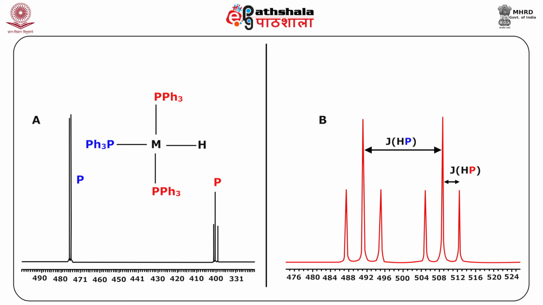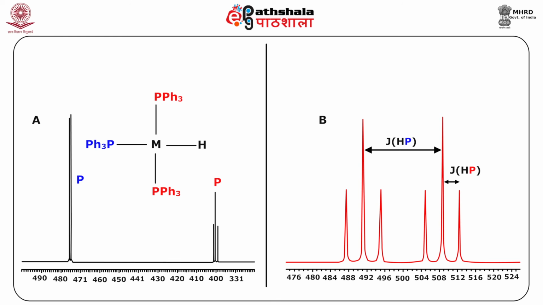Part A of the figure shows you the 31 phosphorus NMR, whereas part B shows you the proton NMR spectrum of the square planar complex. Signals due to aromatic protons have been removed in the proton spectrum, so you can only see the hydride signal of the square planar complex. Now, consider the proton NMR spectrum.